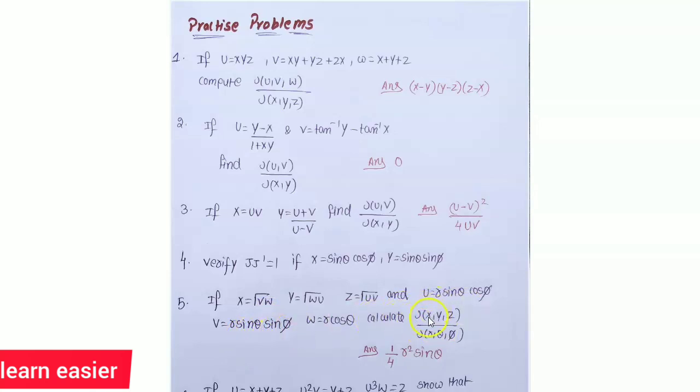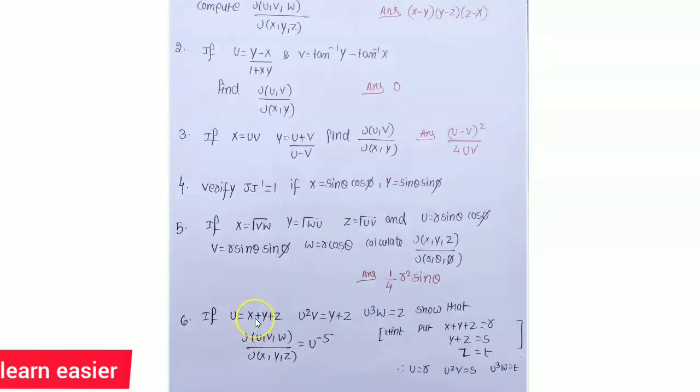So you have to find out ∂(x,y,z)/∂(r,theta,phi), which is equal to ∂(x,y,z)/∂(u,v,w) times ∂(u,v,w)/∂(r,theta,phi). So the product of those two Jacobians gives you ∂(x,y,z)/∂(r,theta,phi). So it is easier to find based on the chain rule. You can easily get the Jacobian ∂(x,y,z)/∂(r,theta,phi).